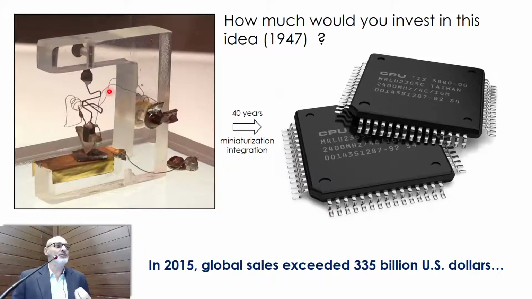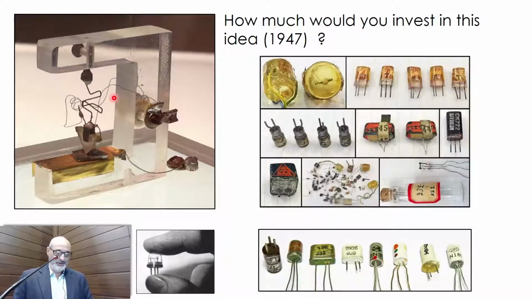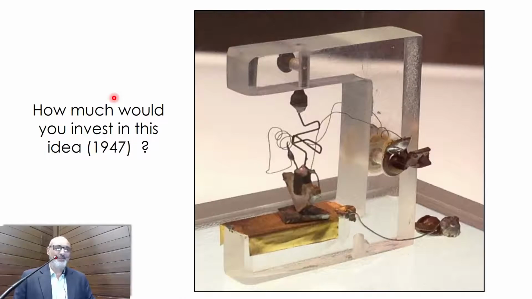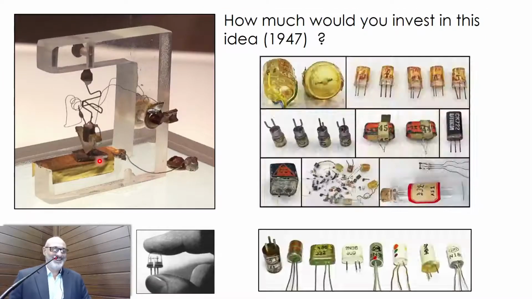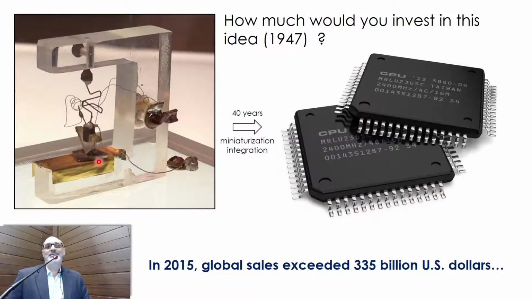So you see the potential of this. And if you were lucky or crazy enough to put money in this idea, you would be now, I don't know. But that's the point. So how can we measure, how can we plan this development?